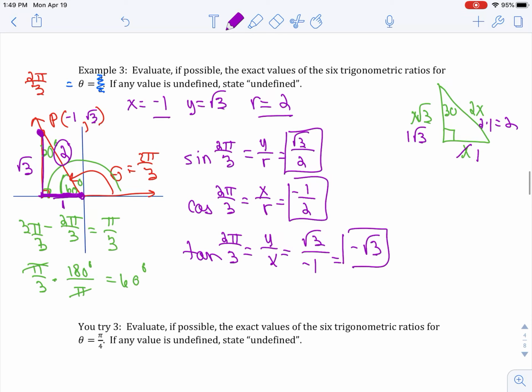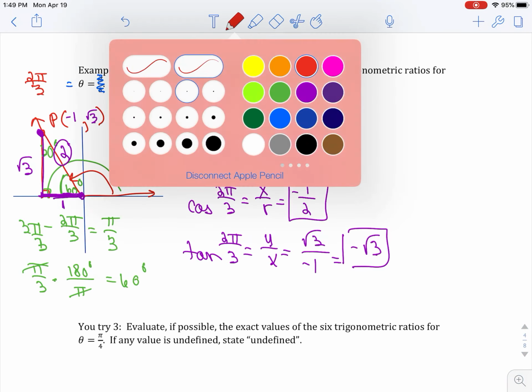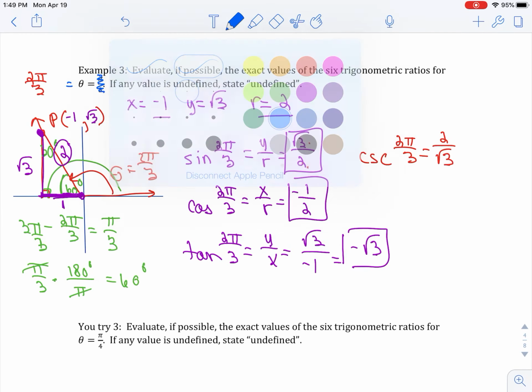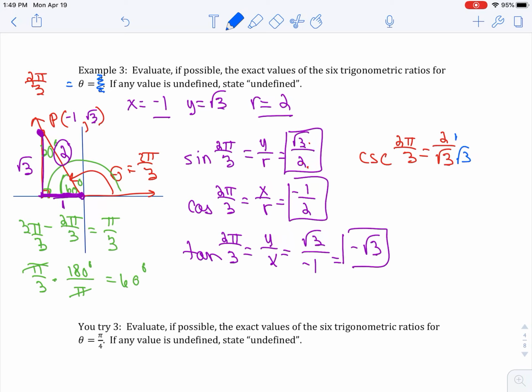And then just like before, to find the reciprocal functions, cosecant, secant, and cotangent, the cosecant of 2 pi over 3 is going to be the reciprocal of this, so it's going to be 2 over the square root of 3, but now we need to rationalize the denominator. So I'm going to multiply the numerator and denominator by the square root of 3. So I get 2 times the square root of 3 over 3.